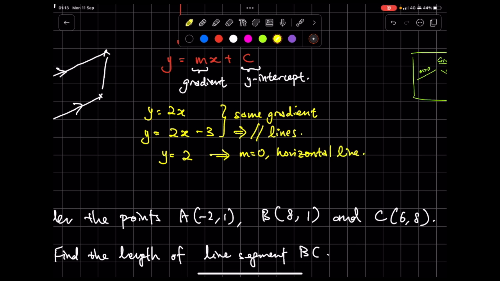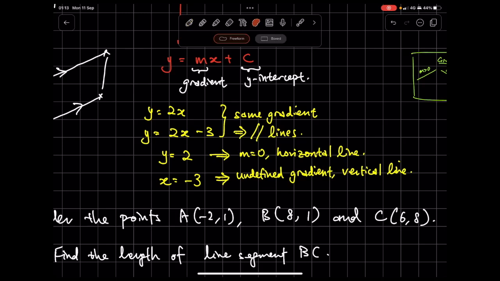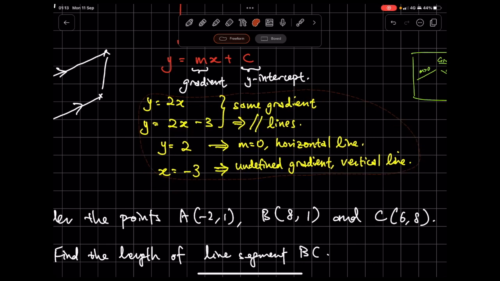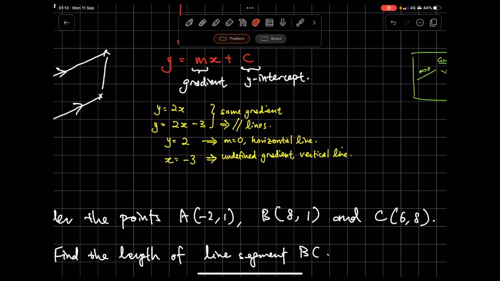Then if you have x equals some number, for example x equals -3, this has undefined gradient. And what does undefined gradient mean? It means you have a vertical line. So these are a few types of things that you need to know how to describe. And I don't think there's much else for this.